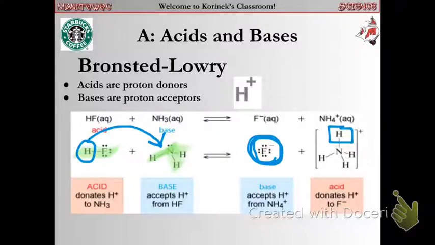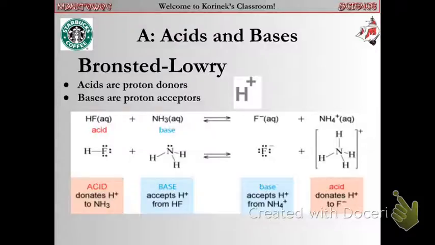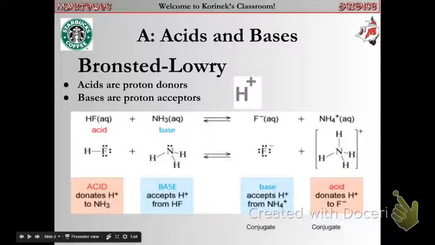And so down here, if we look at our definitions, we've got our original acid, which donates the hydrogen, and our original base, which accepts the hydrogen. But on the opposite side of the equation, we actually have another definition for an acid and for a base. And these are what we refer to as conjugate acids and conjugate bases.